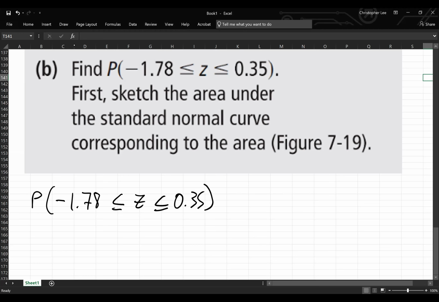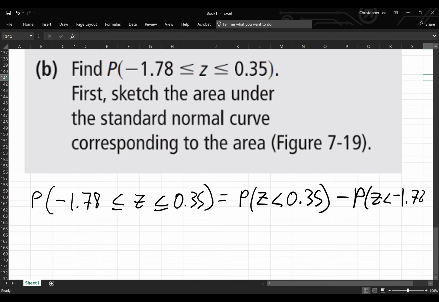Remember, our table only gives us probabilities that are less than, so I have to convert this. I'm gonna do the probability of z less than the bigger number, the one on the right, which is 0.35, because I'd rather have 35 cents than owe $1.78. So minus the probability of z less than negative 1.78.